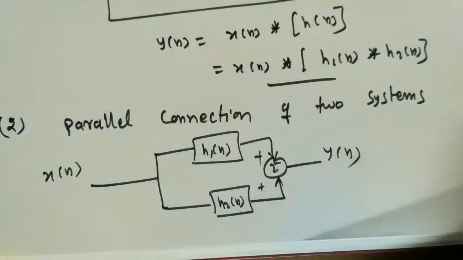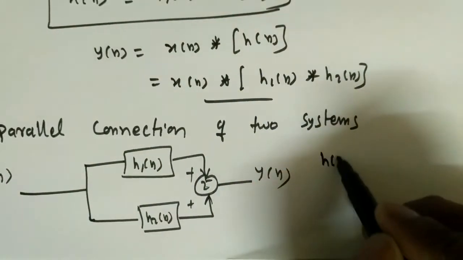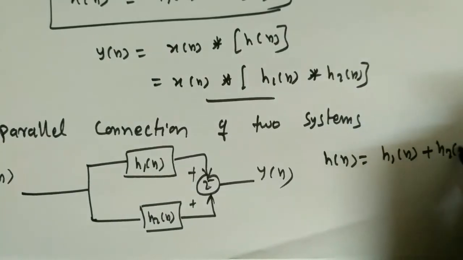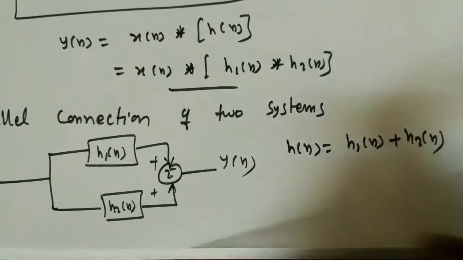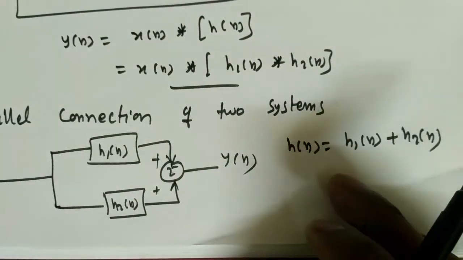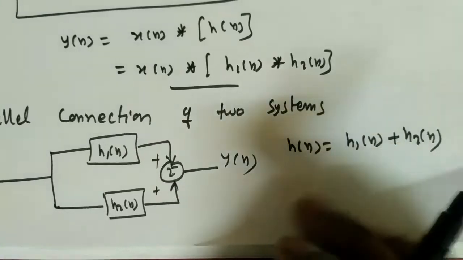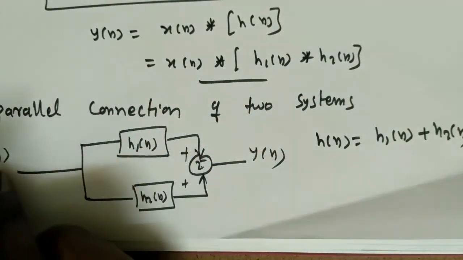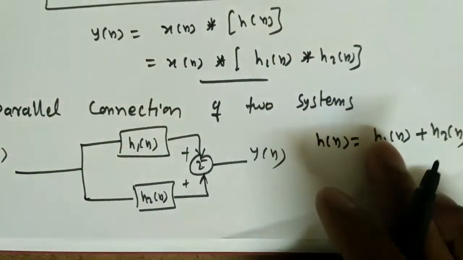Whenever two systems are parallel, the total response h of n is equal to the summation of these two, h1 of n plus h2 of n, right? Then we can find h of n again by the Fourier transform. We have to add these two only, then we can find y of n by convolving h of n with x of n, right? I'm not writing that again.